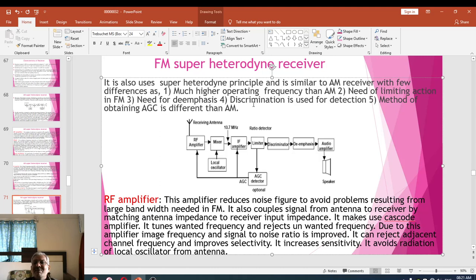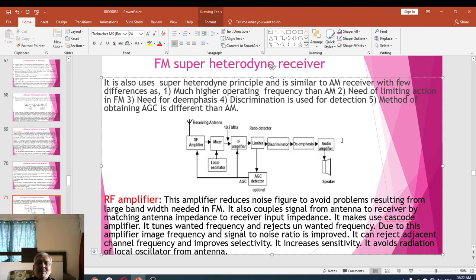It makes use of a discriminator for the purpose of detection. This is also absent in AM. AM makes use of an envelope detector. Here the method of obtaining AGC is different from that of AM. So these are the differences existing between the AM and FM super heterodyne receivers.